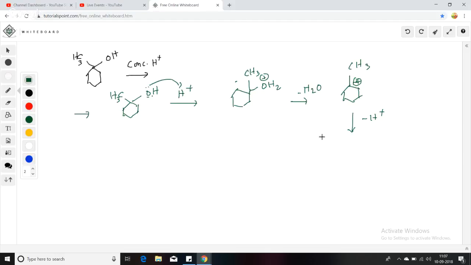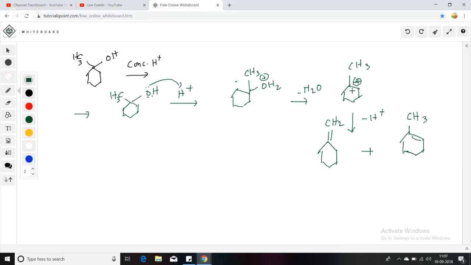So two possible products we get. One product is this with the double bond to CH2, and another product is this with CH3.